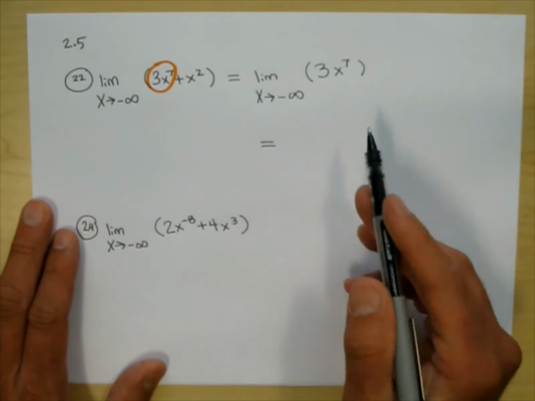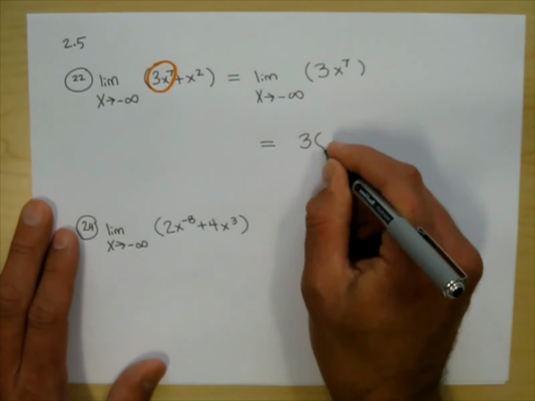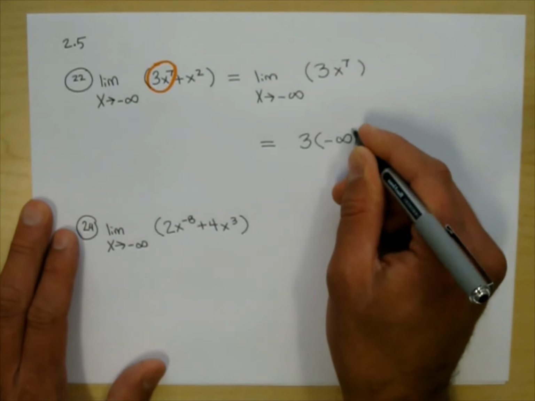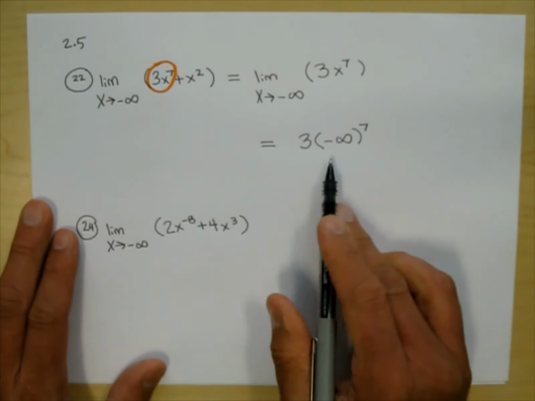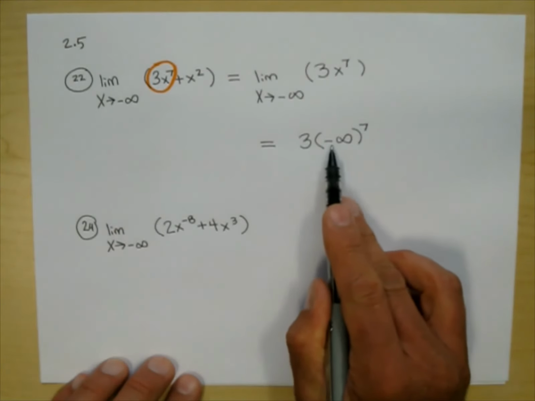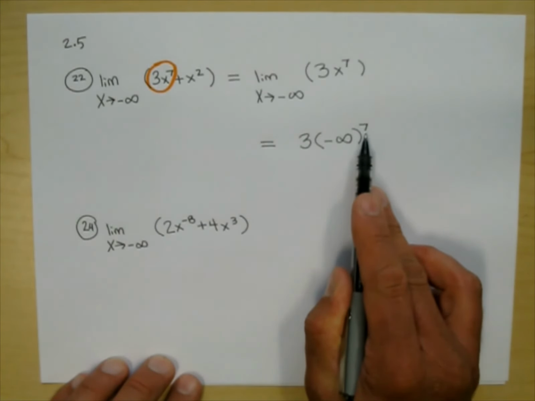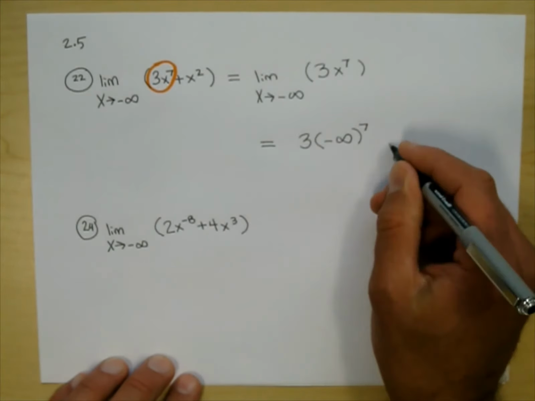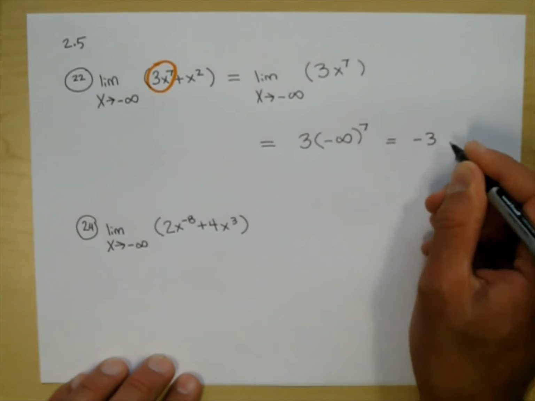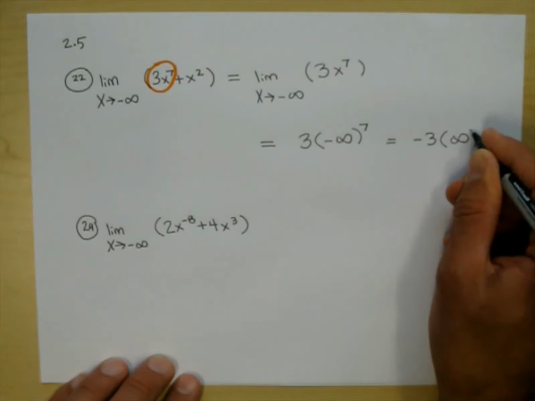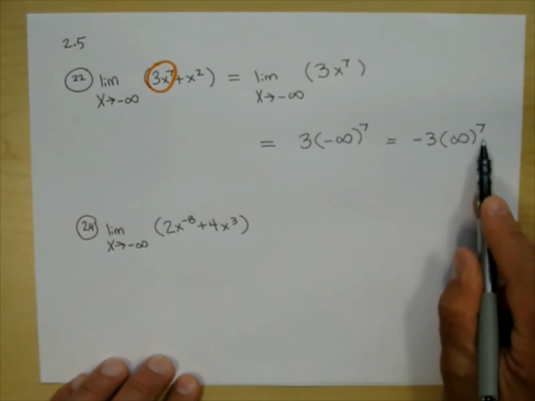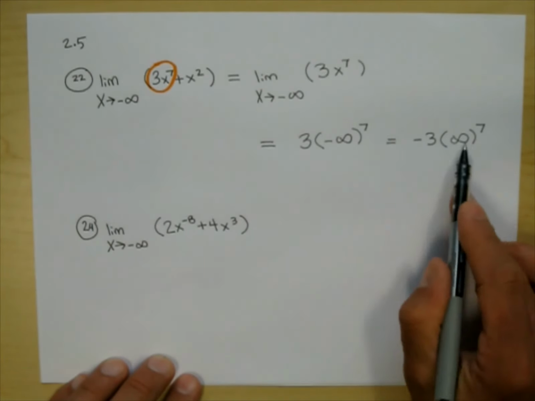Okay, now I put negative infinity in for x. Well, you see this negative, it's really negative 1 times infinity. Negative 1 to the 7th is really going to be a negative. So I could take that outside. So this is negative 3 times infinity to the 7th. Well, what's infinity to the 7th? Well, that's just infinity.